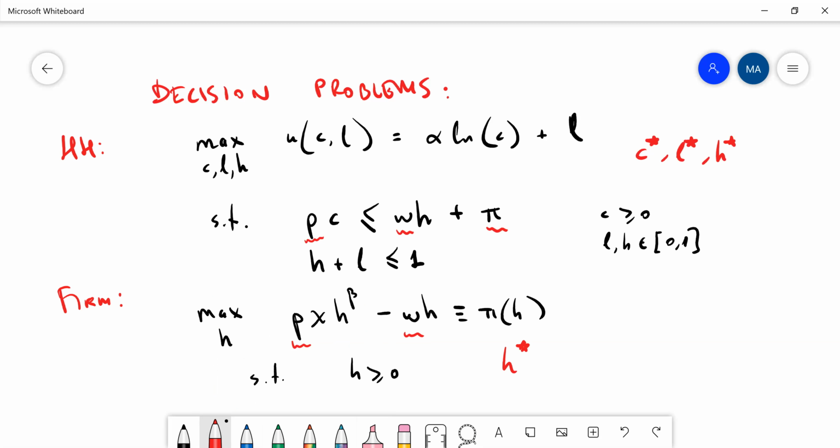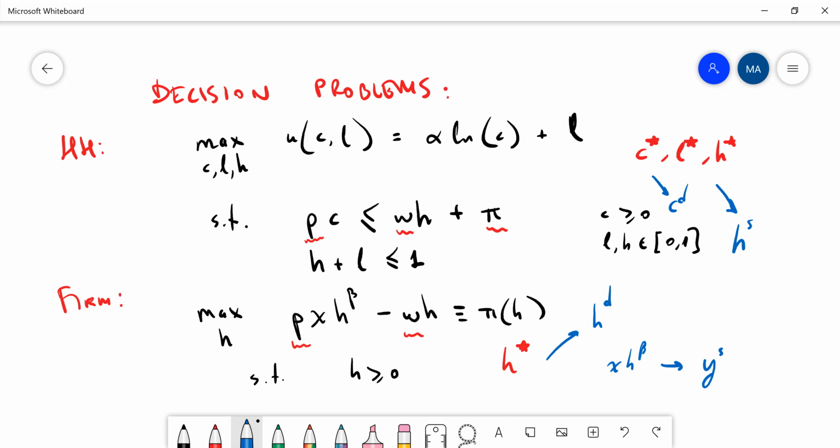So these are the decision problems then. Now realize one thing. Once we solve these decision problems, what do we have? We have from there a labor supply, and from here labor demand. And then from here, we have a consumption demand, and from this, we have output supply.